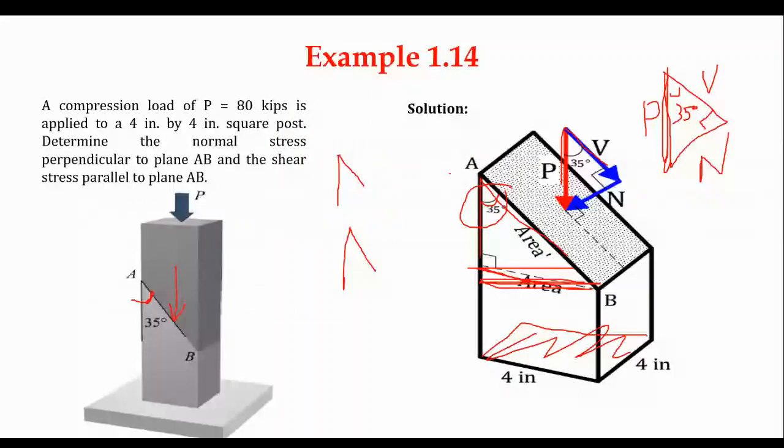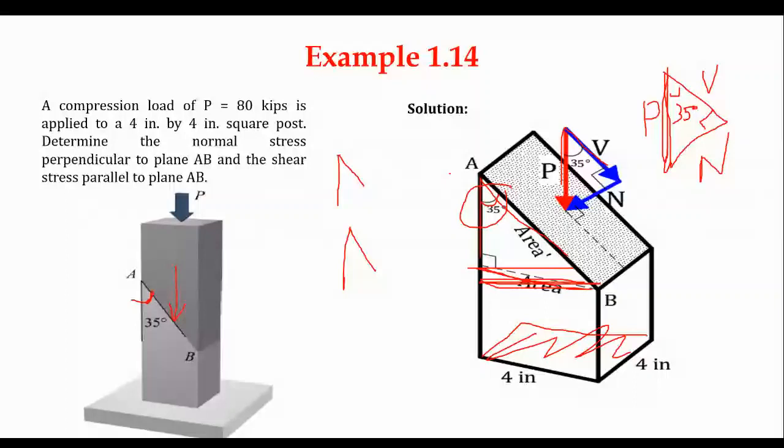So nakabuhat og triangle, ang sine 35 is equal to area over area prime. So therefore, area prime is equal to area divided by sine 35.